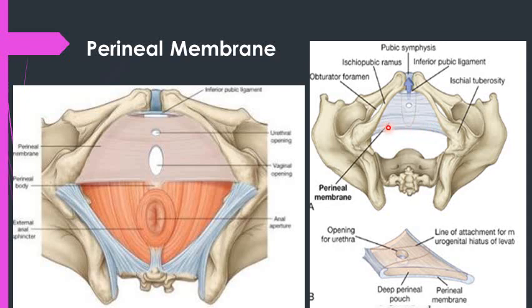So if I cut that block of the perineal membrane and you view it from this superior aspect, or you can say you are looking at this block of the perineal membrane from above, then you can also appreciate that these muscles are present, and the perineal membrane is present below these muscles.